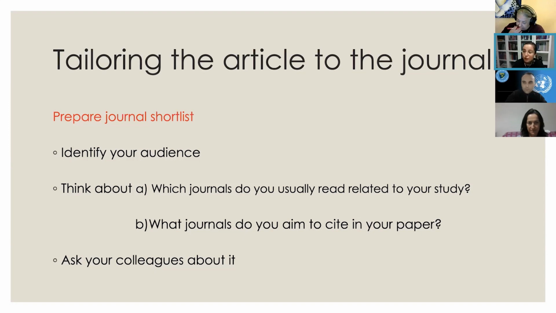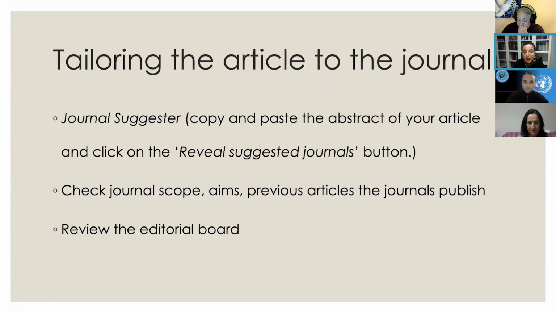Another option to prepare your journal shortlist can be to consult your colleagues or, let's say, significant others in your field. You may ask your colleagues, reviewers around you maybe, or your professors. I'm sure they will help you and guide you about it. I have discovered this tool, which was called a journal suggester by Taylor and Francis.